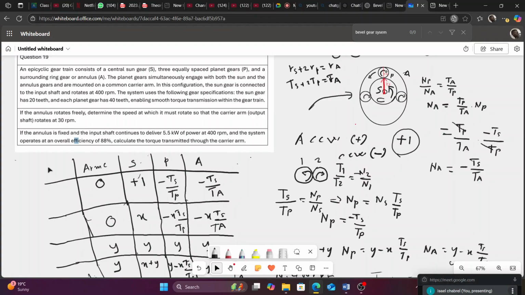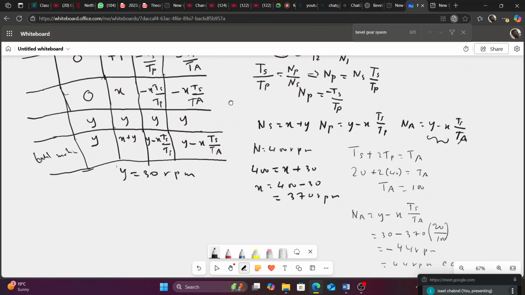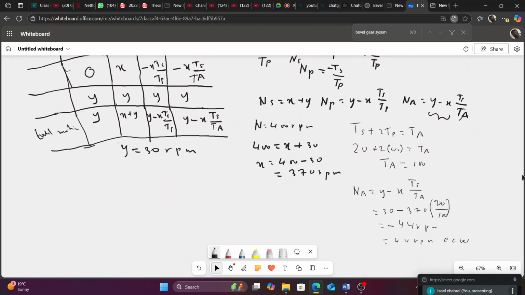Whatever you get shows how efficient you were in the work that you were doing. So in this case, we have the input shaft, which is the power disk, and the output shaft, which is attached to the carrier arm. And we have an efficiency. By definition, I can confidently write first: efficiency will be power out over power in.